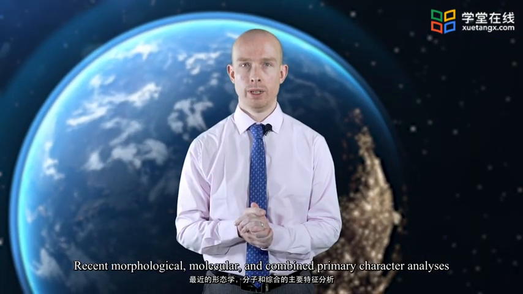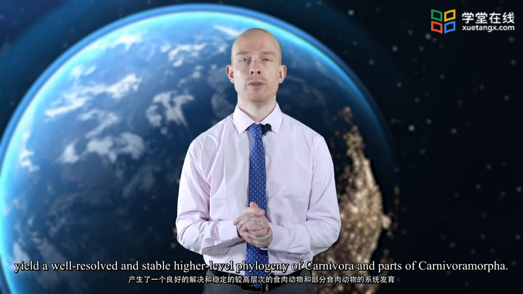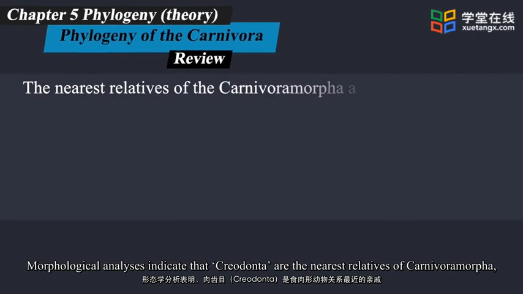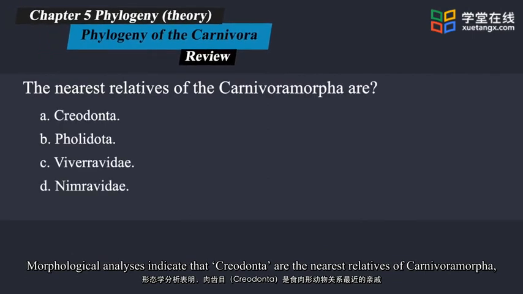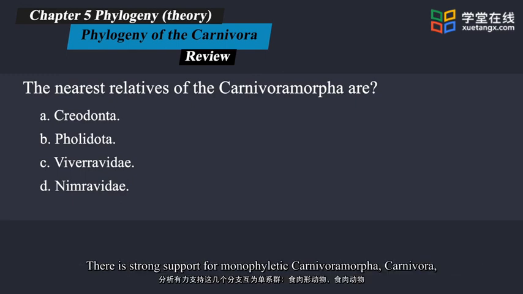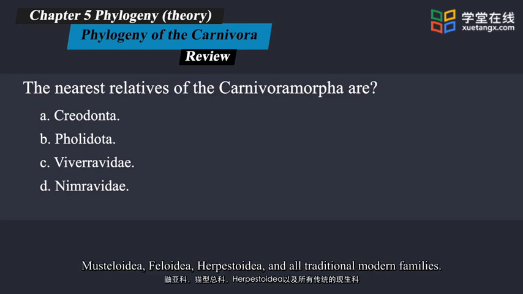Recent morphological, molecular, and combined primary character analyses yield a well-resolved and stable higher-level phylogeny of Carnivora and parts of Carnivoromorpha. Morphological analyses indicate that Creodonta are the nearest relatives of Carnivoromorpha, while molecular results suggest that Pholidota are the nearest living relatives of Carnivora. There is strong support for monophyletic Carnivoromorpha, Carnivora, Caniformia, Feliformia, Arctoidea, Pinnipedia, Musteloidea, Pan-Musteloidea, Herpestoidea, and all traditional modern families.